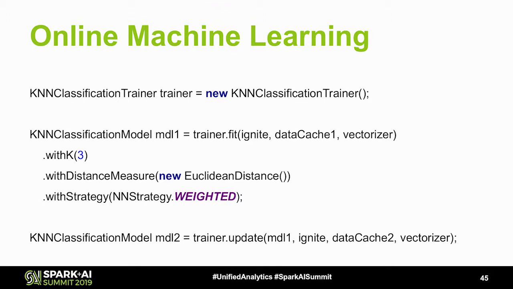We have our KNN model which was fitted from the data cache with this special set of parameters. We train another model, and we could update our previous model, model 1, with a new portion of data which was loaded into another cache using the same vectorizer. For example, model 2 is the updated model.